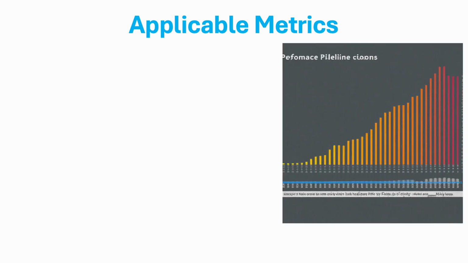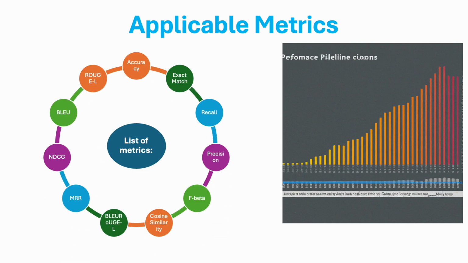To quantify the performance of the RAG pipeline across various dimensions, several metrics can be employed. These include accuracy, exact match, recall, precision, and F-beta, which are commonly used metrics for evaluating retrieval and generation tasks.